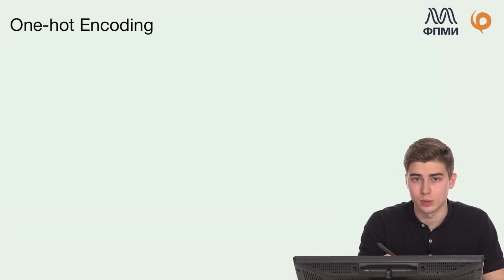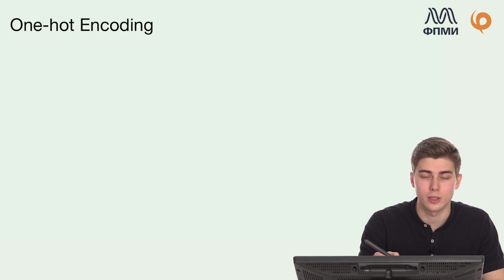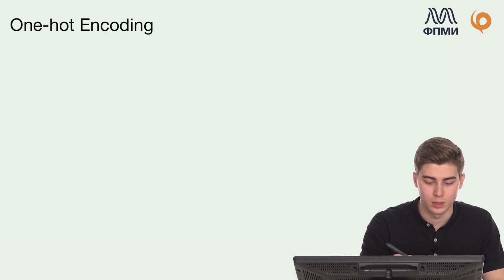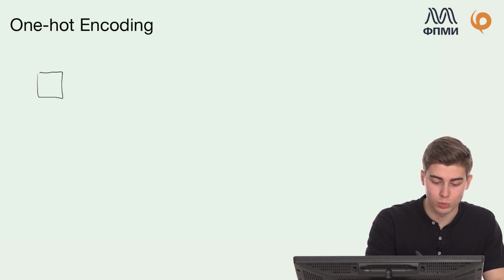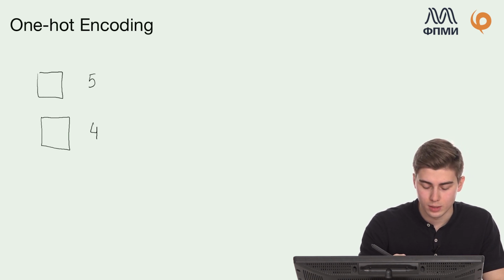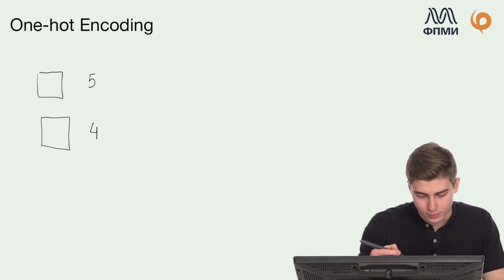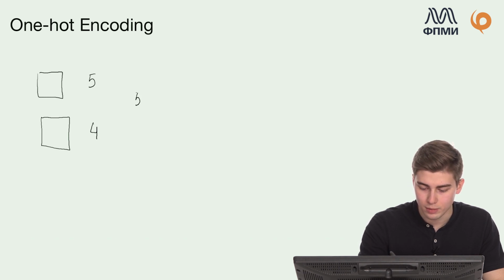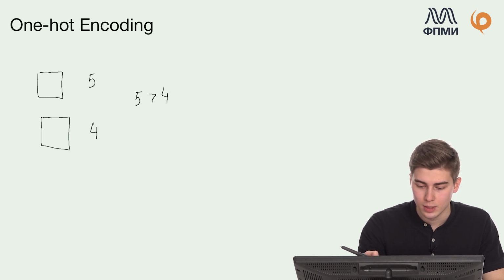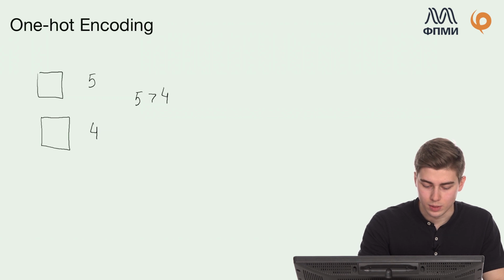There are several reasons why we can't just treat our class labels like ordinary numbers. Let's have a look at the example. So 2 images have classes 5 and 4, and here you can see that the number 5 is more than number 4, just because they're ordinary numbers, and we want to map the image to its class label.